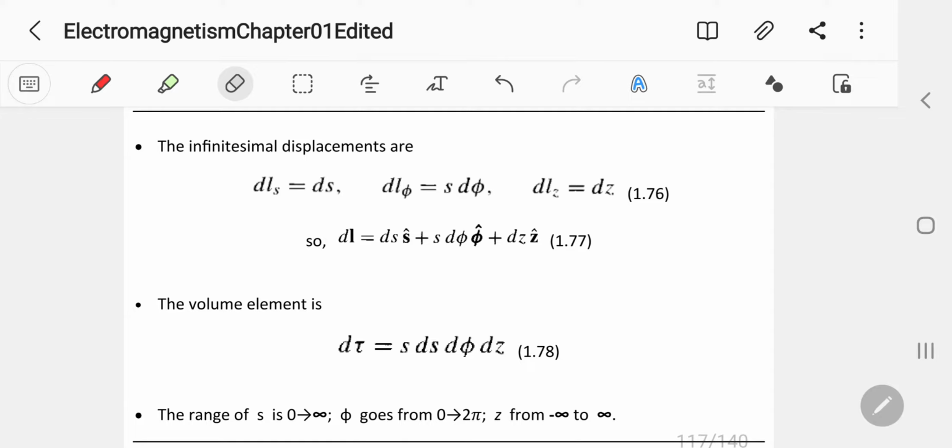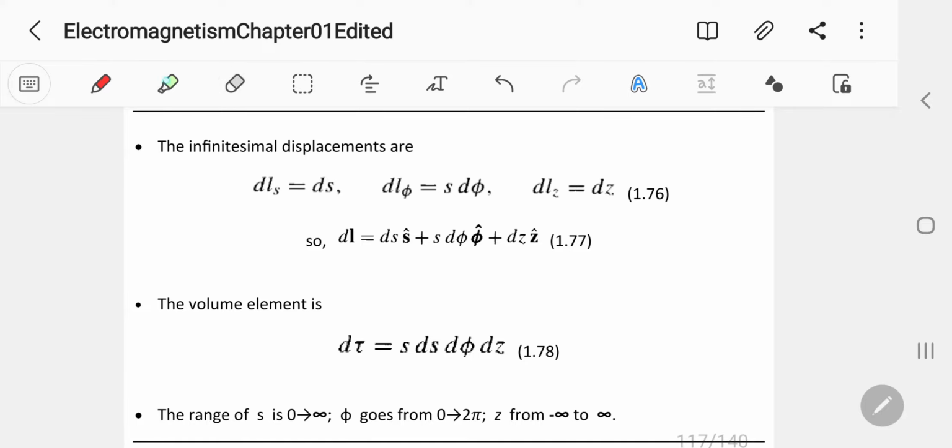With the same argument as used in looking for the displacements in the spherical coordinate system, we can also use that in the cylindrical coordinate system. However, this is much simpler than the previous one.